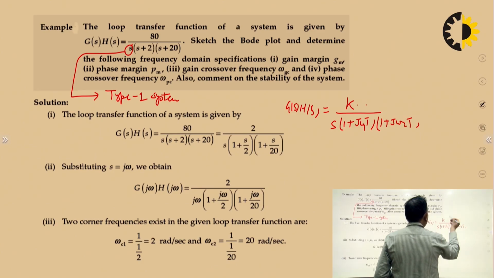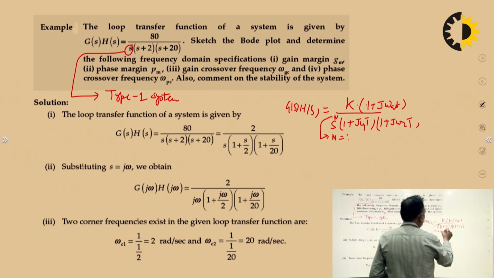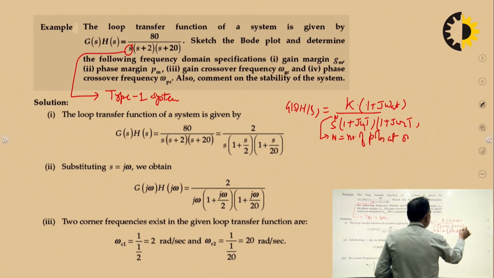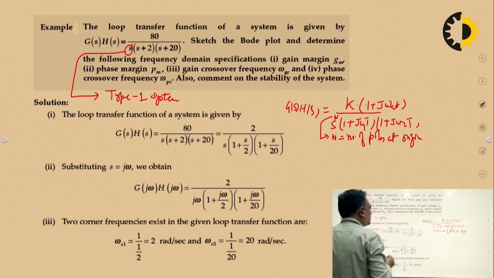If there is any pole, then it is 1 plus j omega T, like this. And this is s to the power n, where n represents the number of poles at origin. So if one pole is at origin, then it is a type 1 system. So this is our case.